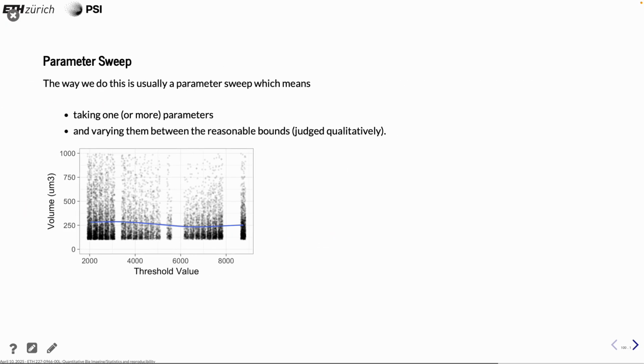So what we do is we sweep parameters, we set the threshold. That is in principle what we also do in a simple way with the ROC curve. We sweep the threshold value, and we see how the volume is affected by this on different data sets. Then we see that there is a maximum and a minimum, and we have to see in which bounds we are working for different parameters.